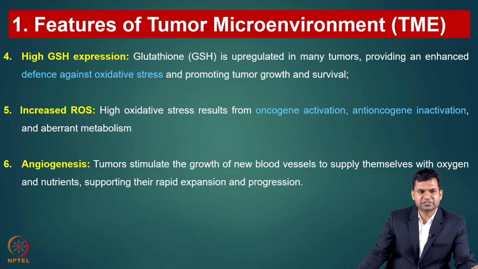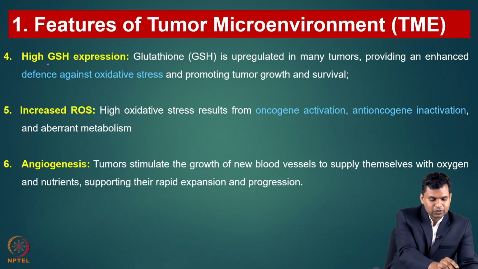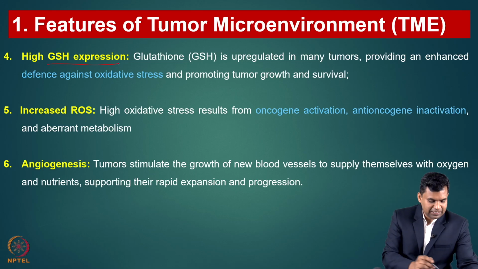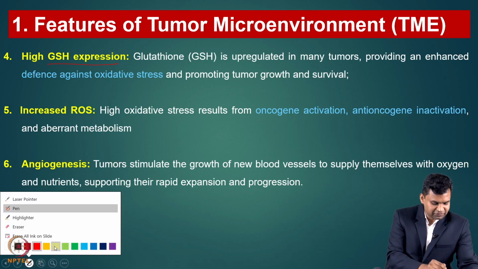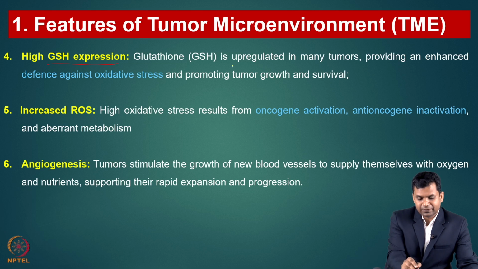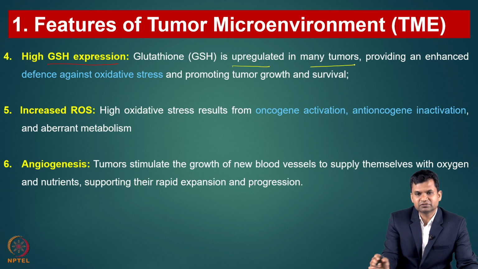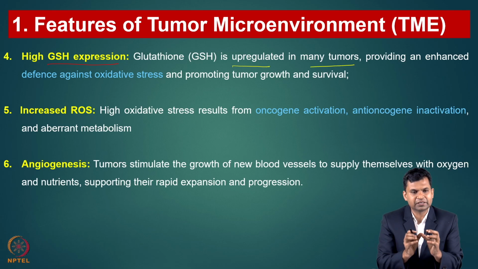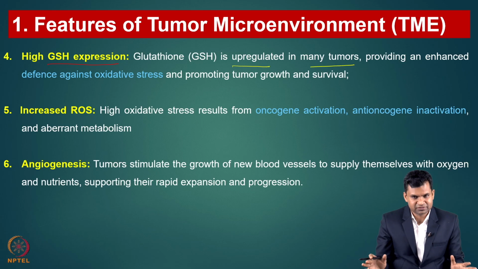So, another feature is that high glutathione expression is one of the major features in cancer cells. It is upregulated in most cancer cells, because it is very important for defense against oxidative stress, otherwise the cell will die.